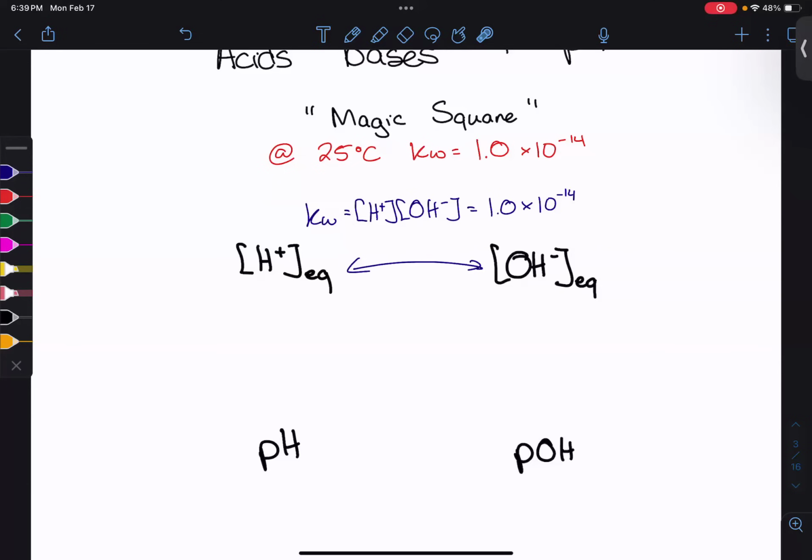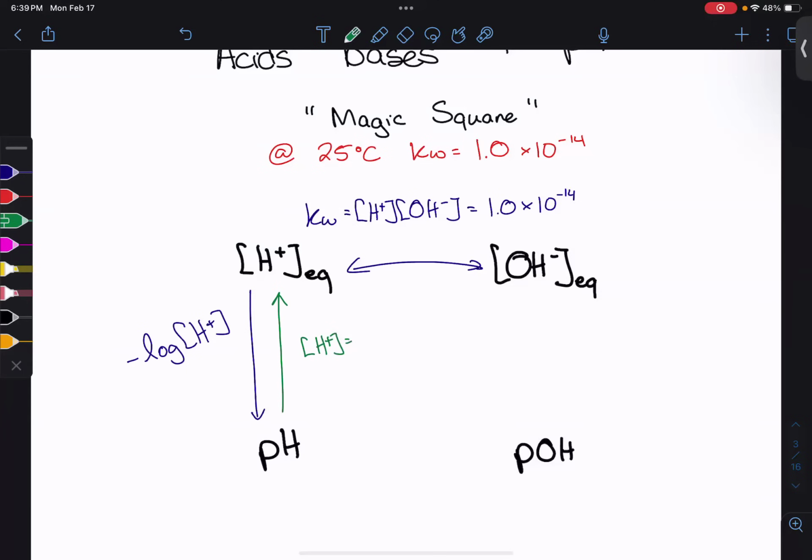pOH means negative log of OH minus concentration. pKw means negative log of Kw. P bananas means negative log of bananas. So that's all. So here, if I want to convert H plus to pH, I do negative log H plus concentration. But let's say I gave you a pH and you wanted to go backwards to undo a pH to get back to concentration.